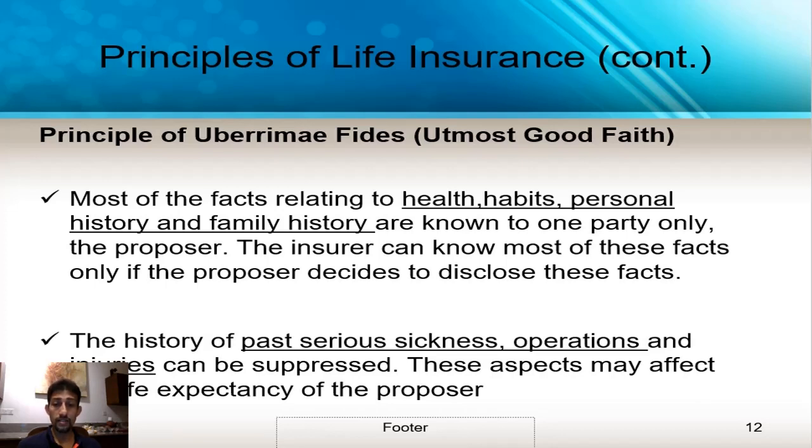The history of past serious sicknesses, operations, and injuries can be suppressed. These aspects may affect the life expectancy of the proposer. So, these are very important facts that you should disclose at the time of entering into an insurance policy.